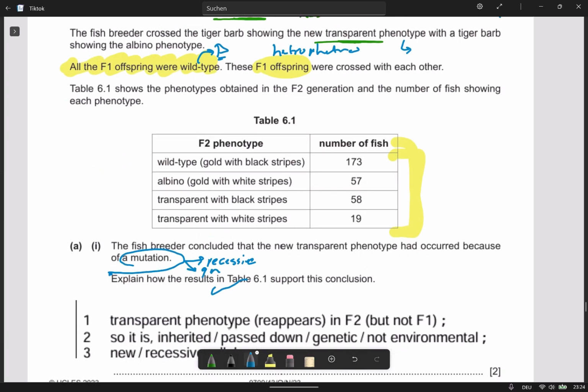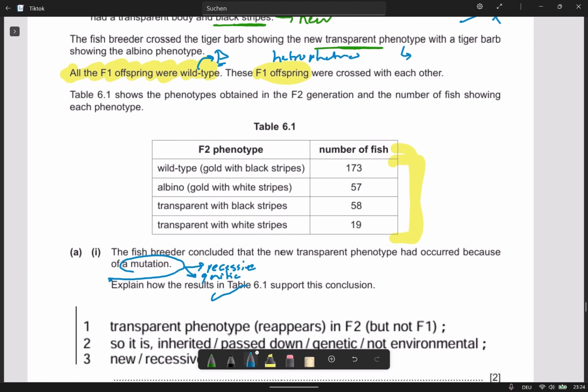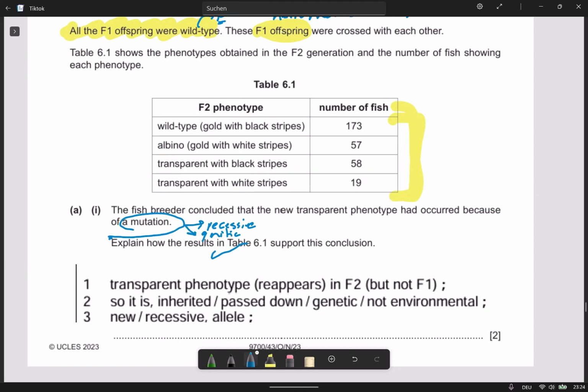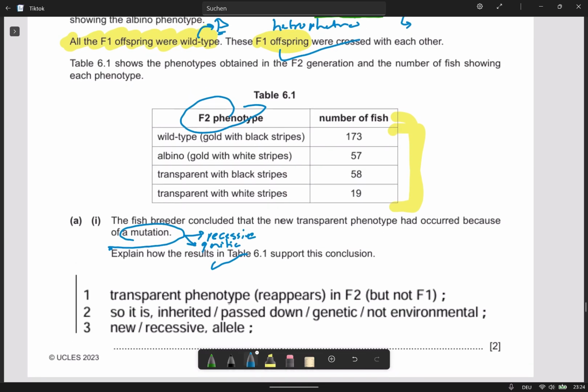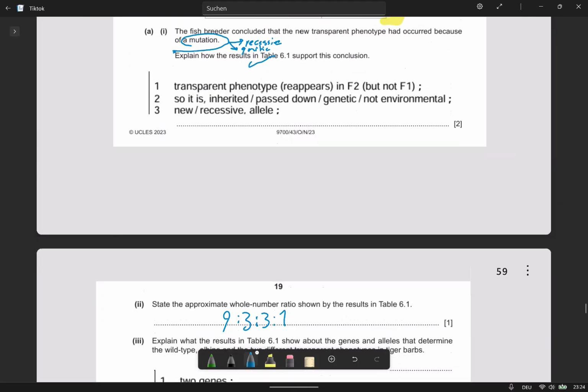Secondly, that it's a genetic trait. It's not environmental. So firstly, the transparent phenotype only appears in the F2 generation and F1 has no transparent, that means it's recessive. So it basically was inherited down from the parents to the offspring. That means it's genetic and it's not environmental that caused the transparent phenotype.